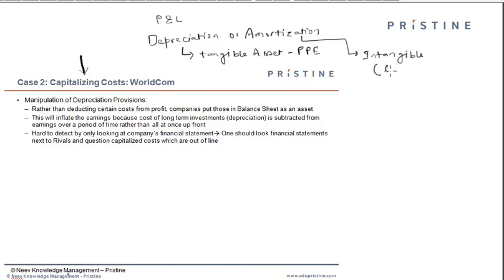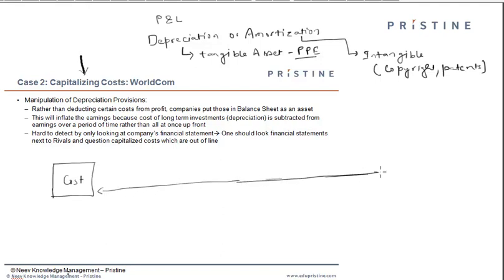So these assets like plant, property and equipment, which are tangible assets, and intangible assets like copyrights and patents, are expected to provide economic benefit over a long period of time. So let's say if I set up a factory, then the cost of the factory should be spread in my P&L over a long period of time, maybe 20 years.